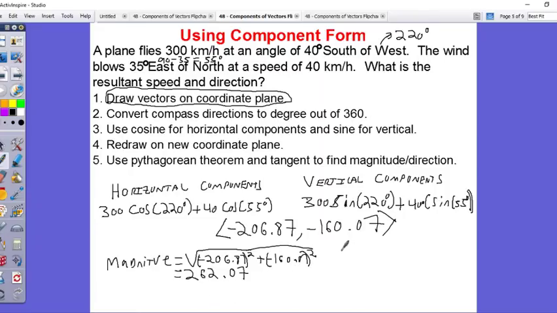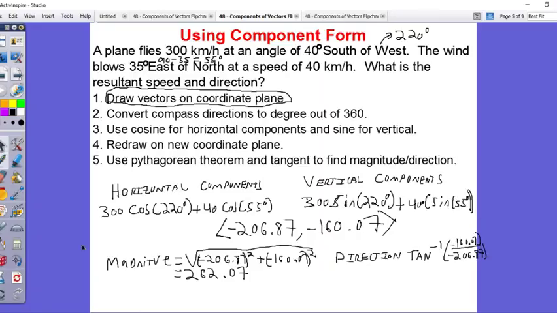And the direction is going to be the inverse tangent of negative 160.07 over negative 206.87.